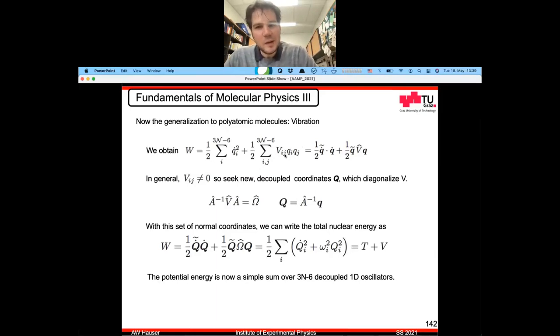So I'm basically looking for a set of coordinates now, uppercase Q, which diagonalize my Hessian matrix. Okay, so what I'm doing is I'm taking the Hessian matrix and I'm diagonalizing this matrix, and use then these eigenvectors as my new basis.